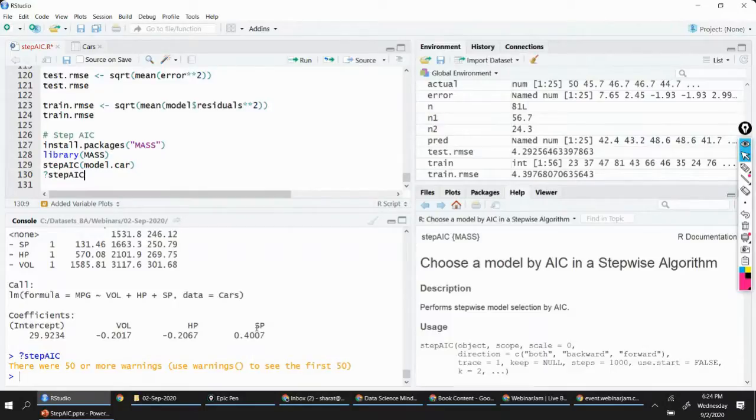The complexity of the model is getting reduced. So that's your step AIC function. And any questions, friends?